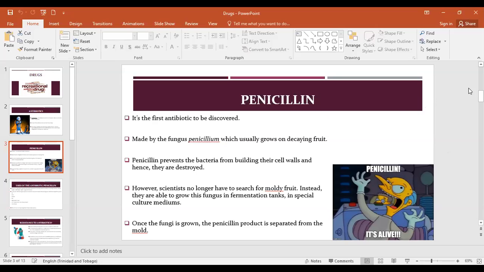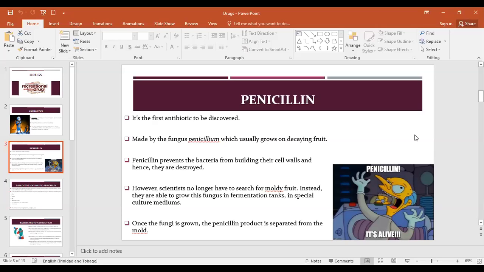Amoxicillin, for example, the illin is still part of the ending, so you can recognize that it's a penicillin-containing compound. You have amoxicillin, oxacillin, and so on, different varieties of penicillin.